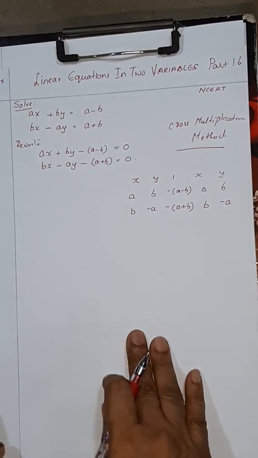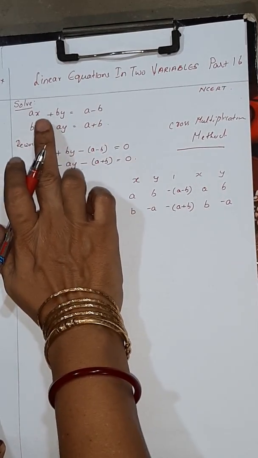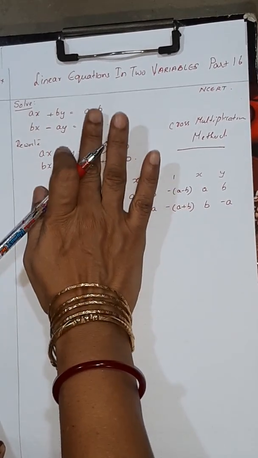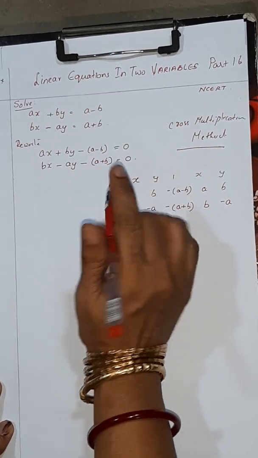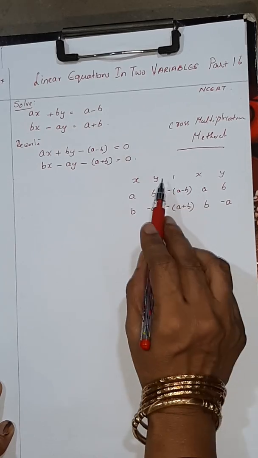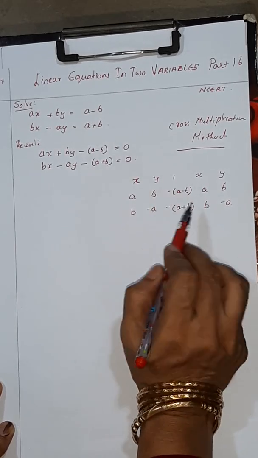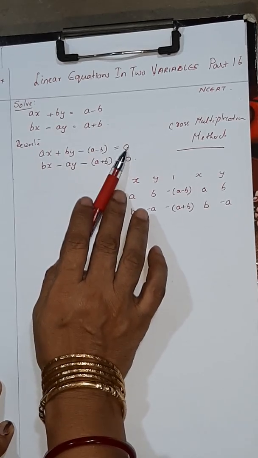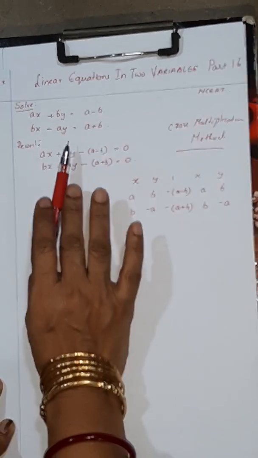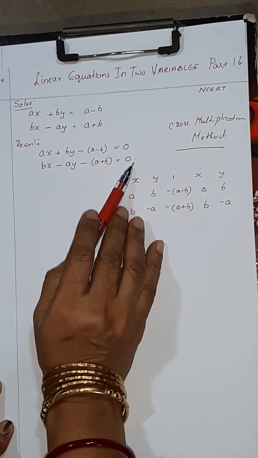In this method, first you have to write ax plus by, and bring the constant also to the left hand side, so that we can use this method. So ax plus by minus of a minus b equal to 0, and minus of a plus b equal to 0.